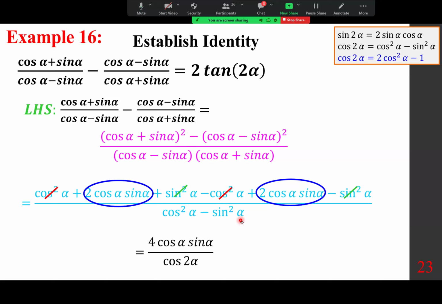So the numerator, if we had 2, would be sine of 2 alpha. Since we have 4 of them, there are 2 of them. So 2 sine 2 alpha over cosine 2 alpha. And I hope you recognize this as a tangent. So 2 tan 2 alpha. And that's the right-hand side. And that's the proof.